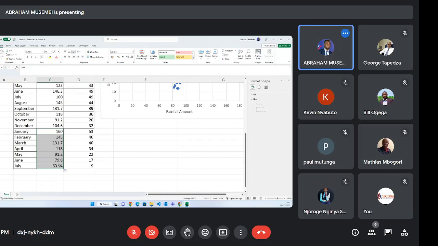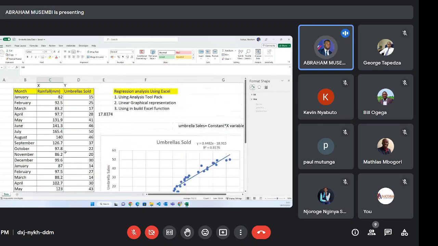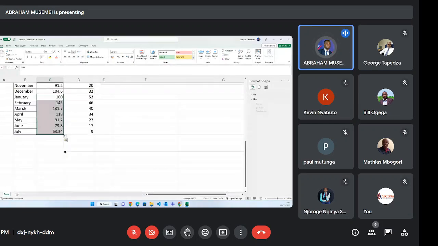And it is easy for us to get the amount of rainfall, because we usually have almost the same pattern of the rainfall.